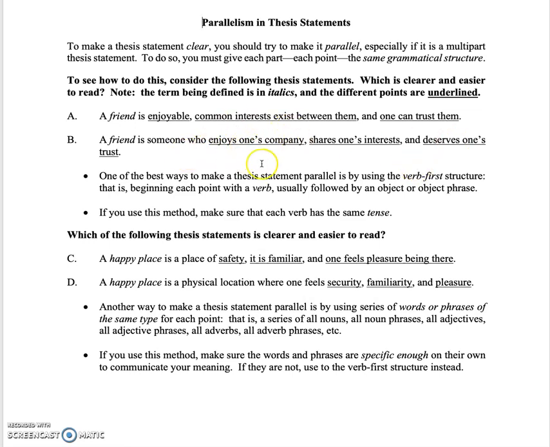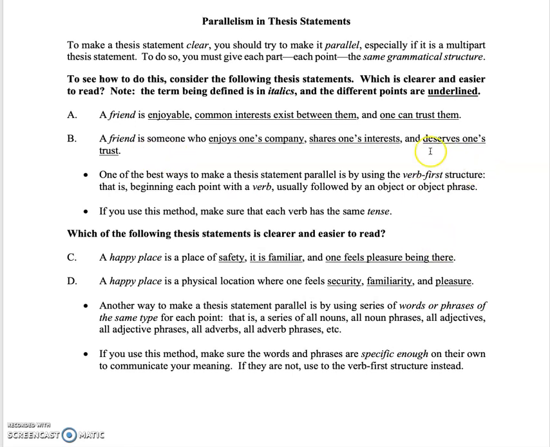And then the rest of the structure is similar. One's company, one's interest, one's trust. Now you wouldn't have to repeat one necessarily, but you'd have to have a word in there that's of a similar type to make it parallel. And so this reads in a much more clear and comprehensible fashion. So this technique is really the verb first technique, and again, make sure your tenses are consistent.